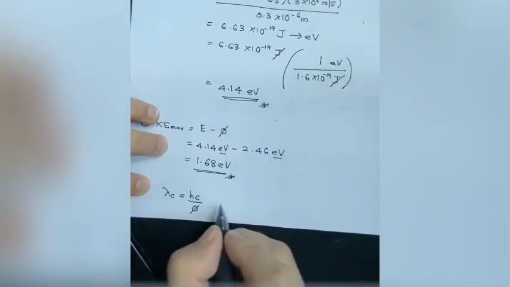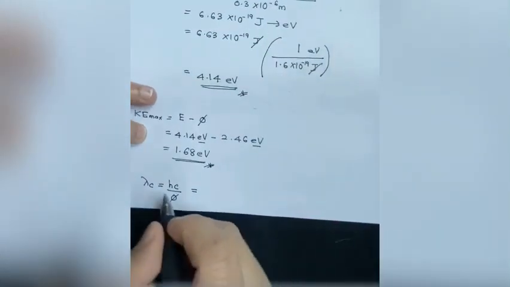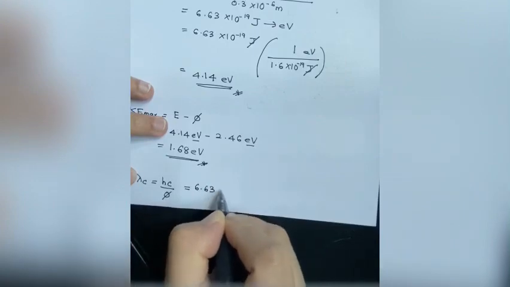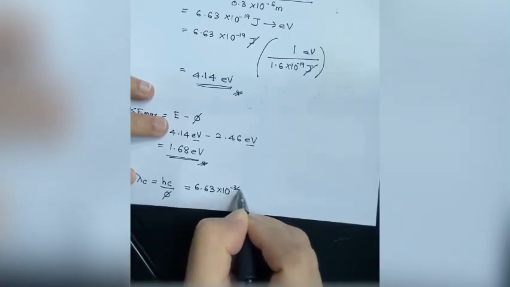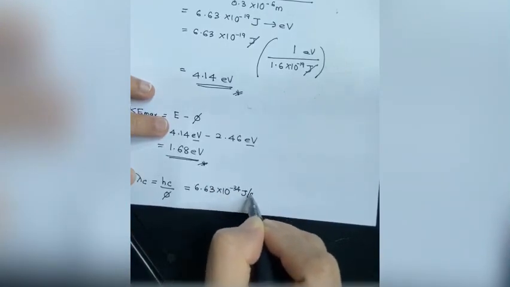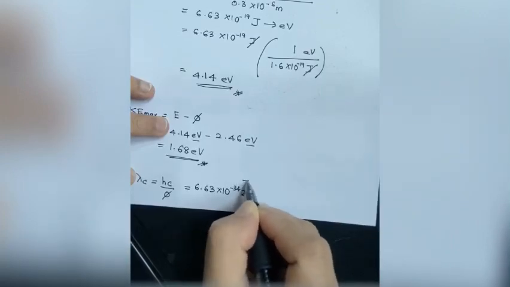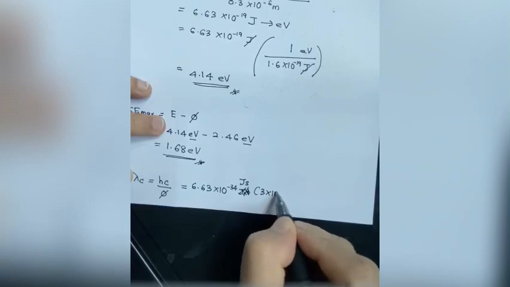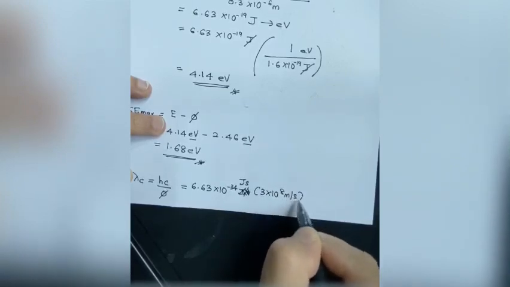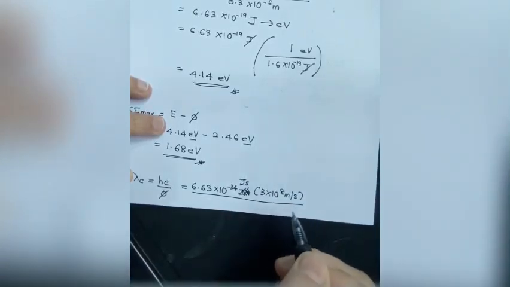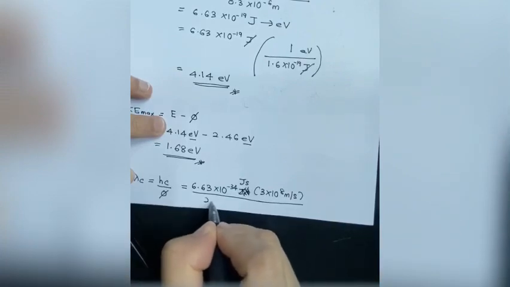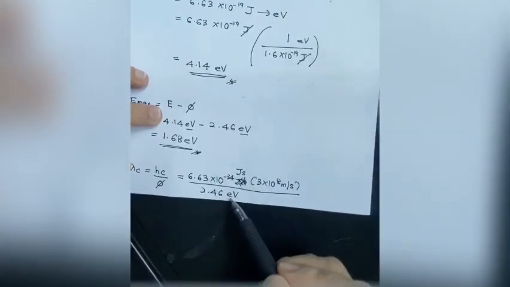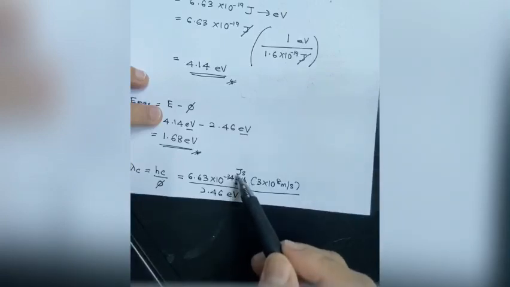The value of h is 6.63 times 10 to the power of negative 34 joule second, and C is 3 times 10 to the power of 8 meter per second. Your work function for sodium is 2.46 eV. Remember, this one is in unit eV, but the other is in unit joule.